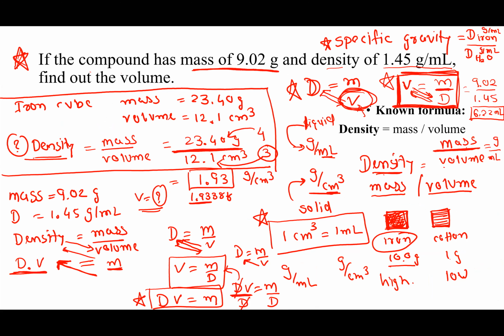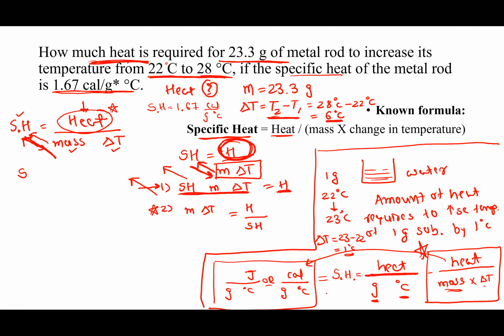In this problem, what we need to find is already in the top. So we just need to move the denominator on the opposite side to the numerator. In this case, the formula is going to look like this: SH times mass times delta T equals heat.